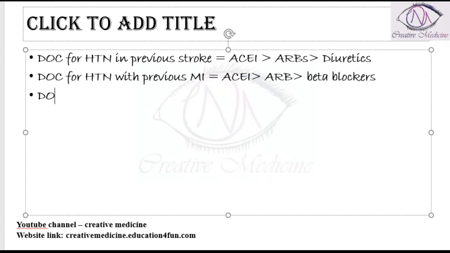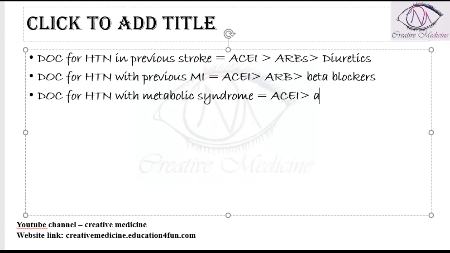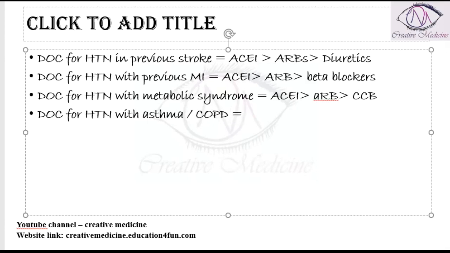Then the drug of choice for hypertension with metabolic syndrome: we should give ACE inhibitors, followed by ARBs, followed by calcium channel blockers. Then the drug of choice for hypertension with asthma: if the patient has asthma or COPD, we cannot give beta blockers, so we give calcium channel blockers, followed by diuretics.